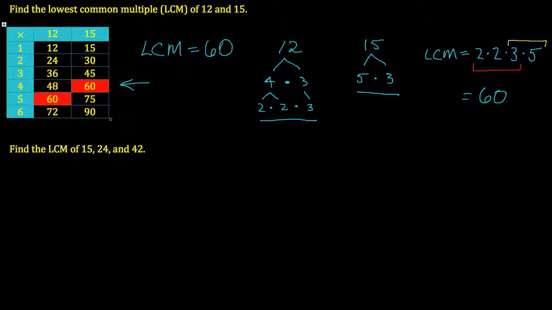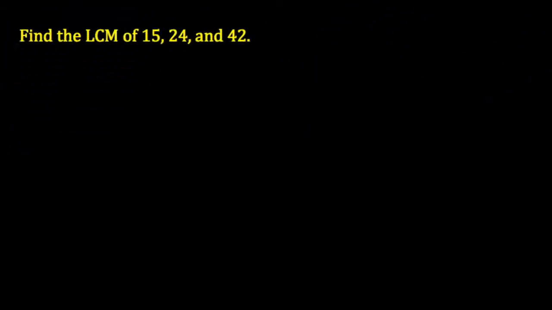If I have to find the lowest common multiple now of 15, 24, and 42, I've got 3 numbers there. I would probably have to build quite a large multiplication table until I found 3 identical numbers in each of 15 and 24 and 42's multiple columns. We already know that 15 factors to be 5 and 3. So it's 5 times 3. 24, I will construct a factor tree and I will break it down into 6 and 4.